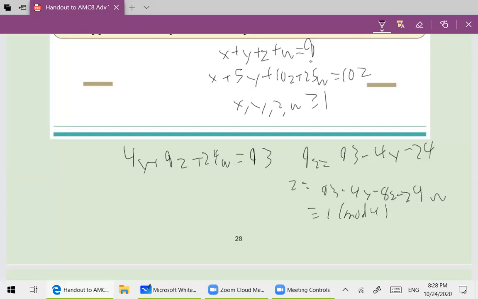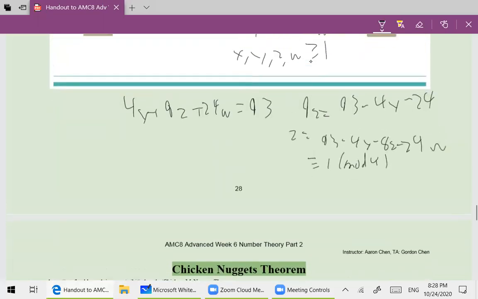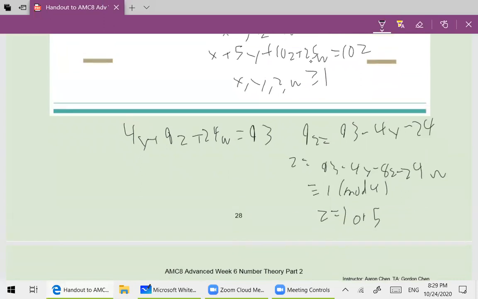So z is congruent to 1 mod 4. But you also know that you can't have 9 dimes, otherwise you can't have at least 1 of each coin. So then z equals 1 or 5. Now, continuing here, if z equals 5, then you have that 4y plus 24w equals 48, or y plus 6w equals 12.